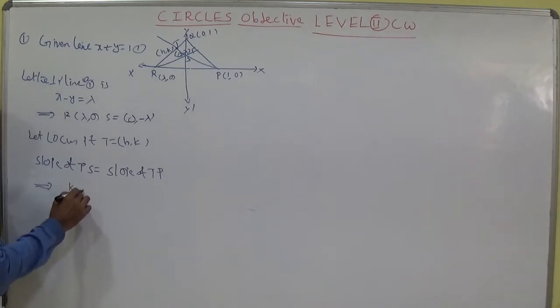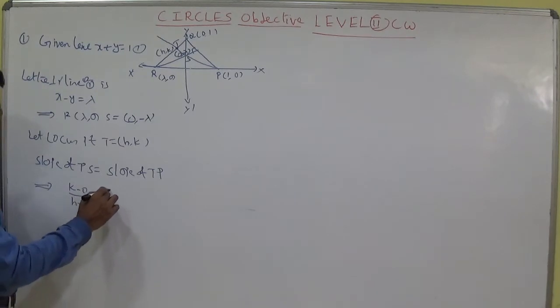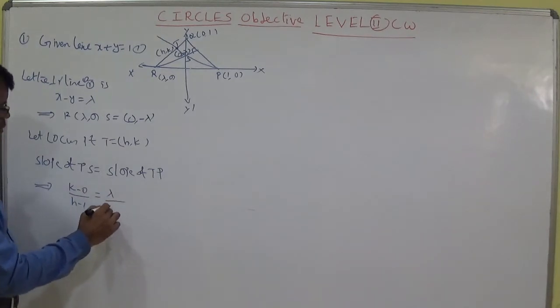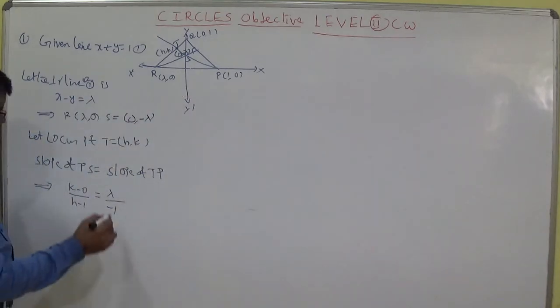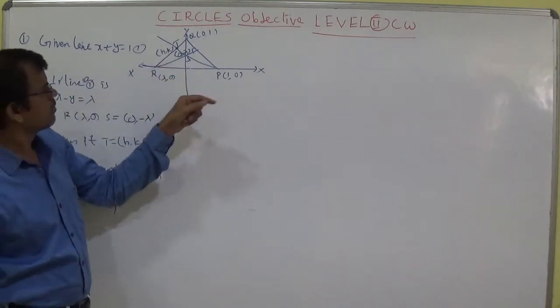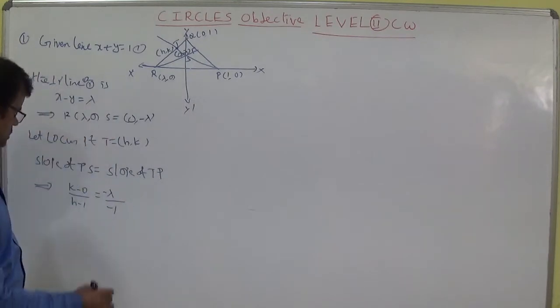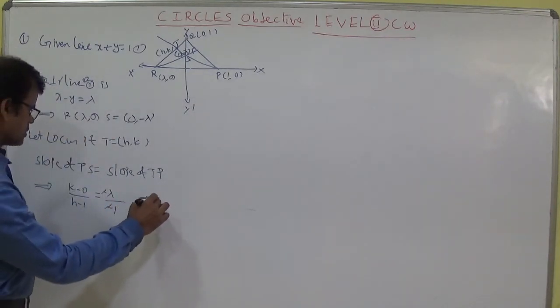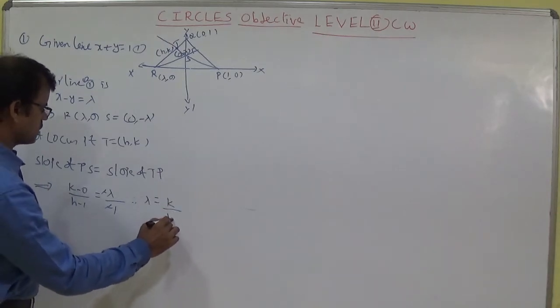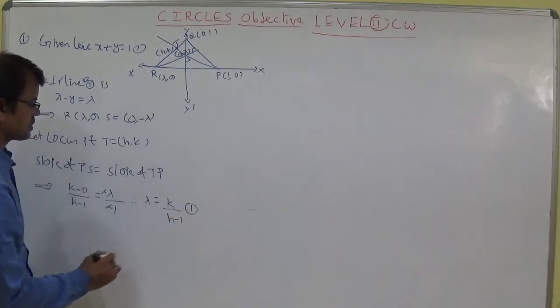So we can do as k minus 0 by h minus 1 is equal to 0 minus lambda by lambda minus 0... not lambda, minus lambda minus 0 by 0 minus 1. So it is 1. Therefore, lambda is equal to k by h minus 1. Put it as first equation.